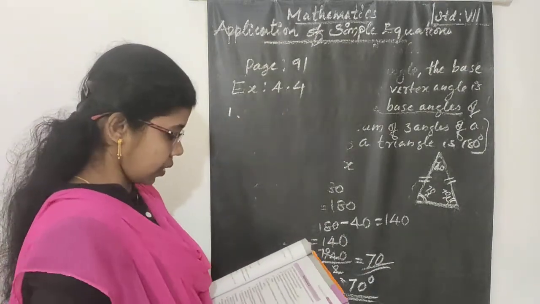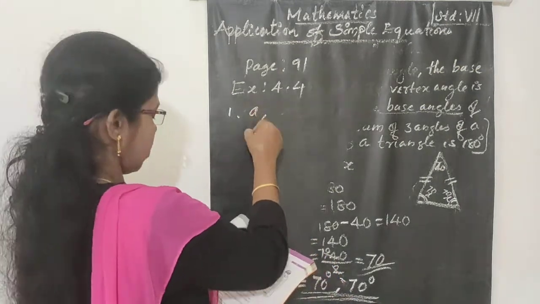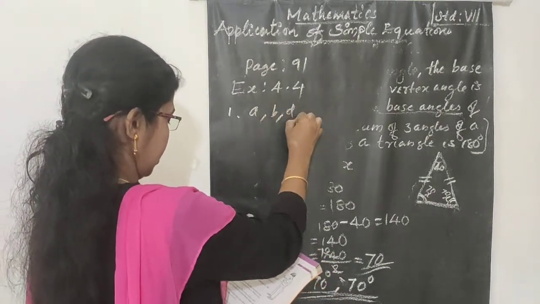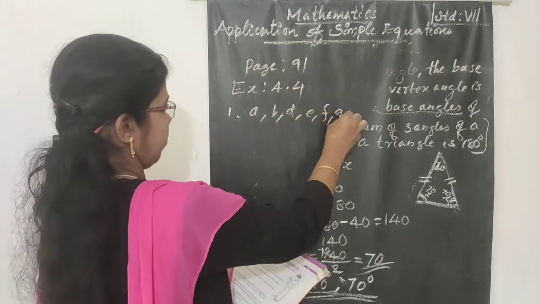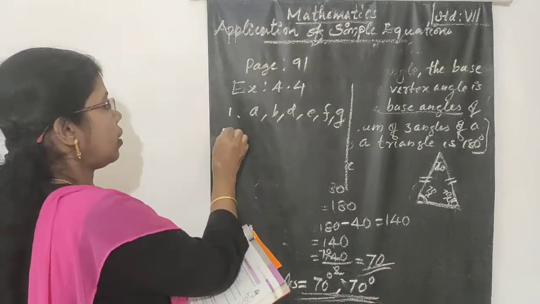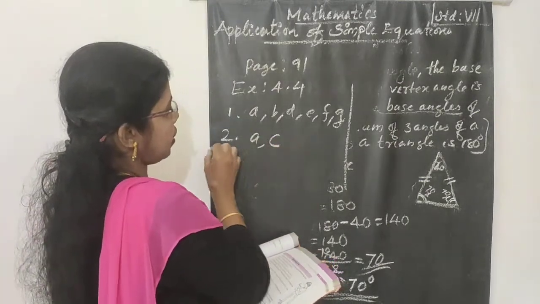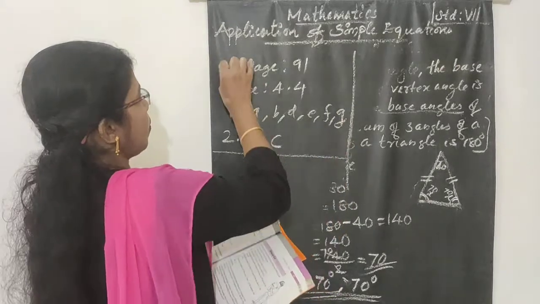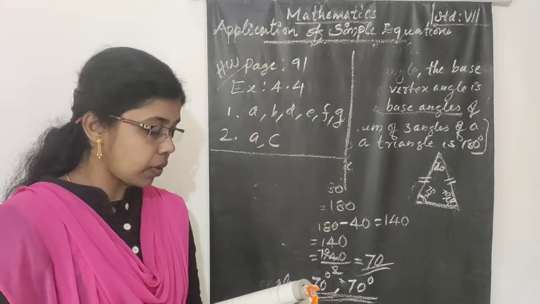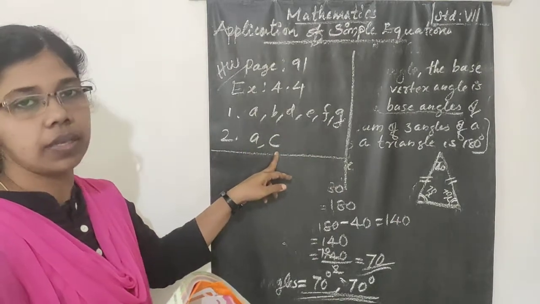Question number 1, all questions, that is all except question number C. So question numbers A, B, D, E, F, G. In question number 2, A and C. These are the homework questions.